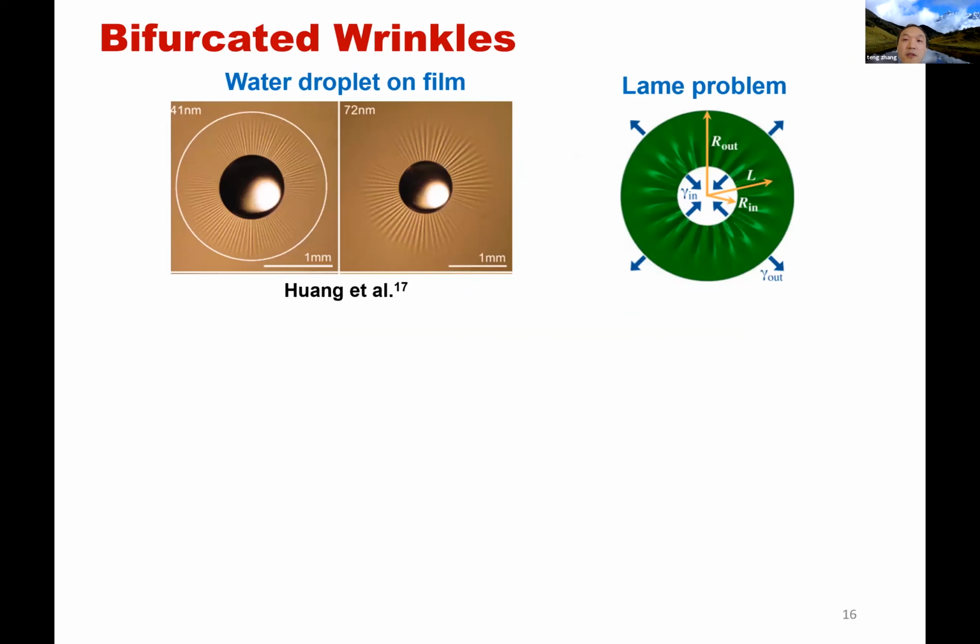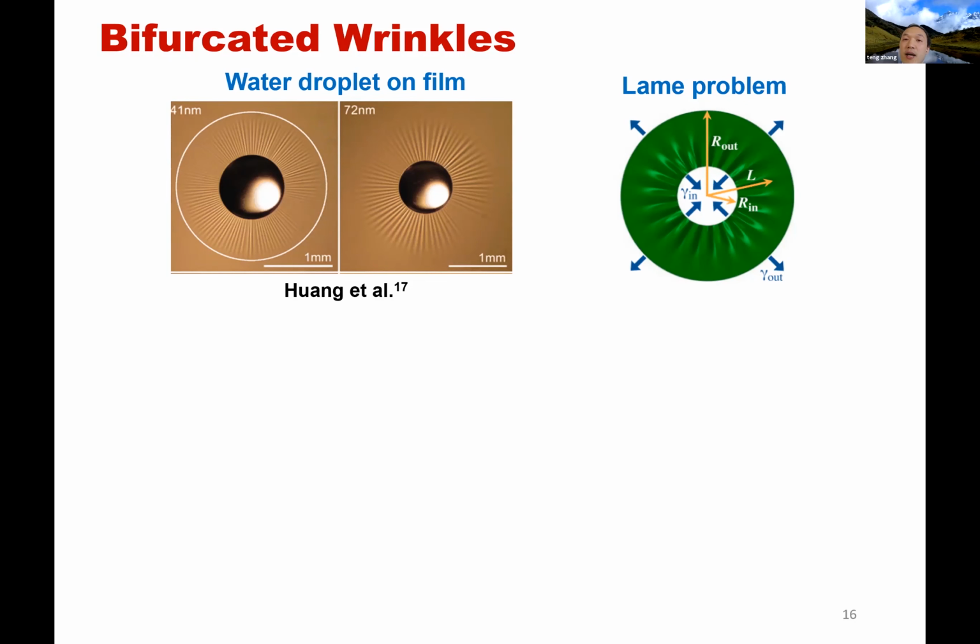In the next few slides, I want to slightly change the topic. I used a corn, a plant, as a motivation, but we don't have the results yet. Interestingly, we are also working on another problem, the water droplet on a thin film. Once you put a water droplet on a thin film, you will observe wrinkles due to the surface tension difference.